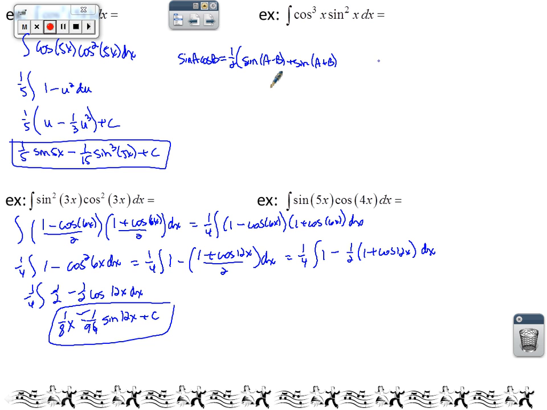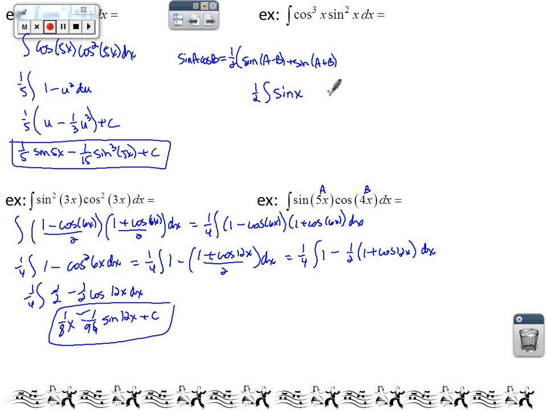Okay, so I have integral of, my formula says there's a half, so I'm just going to put the half out there. Then I have sine A minus B. So this would be my A, and that would be my B. So A minus B, 5x minus 4x is just x. So I have sine x. Okay?